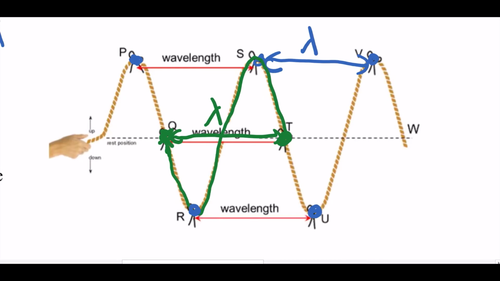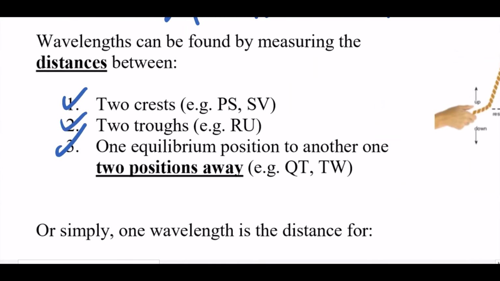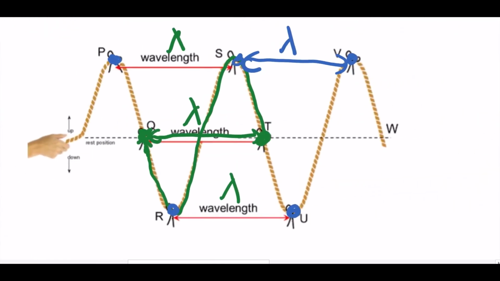So all these three lengths, between two crests, between two troughs, and between two equilibrium positions that are two positions away from each other, are all the same length. They are wavelengths.